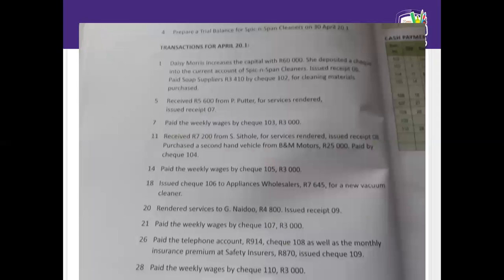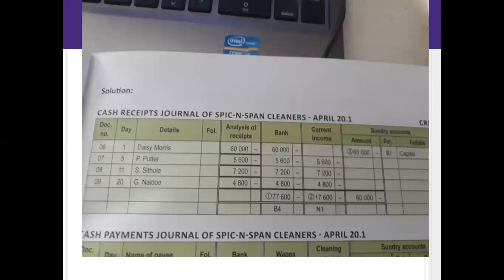Daisy Morris. 60,000 Rand. And I've put it in analysis of receipts and in bank and with sundry accounts. Why sundry accounts? Because there's not a capital column for that. So then it goes to sundry accounts. You put the amount there, the 60,000, and you say for what is it? It is for capital. Right.